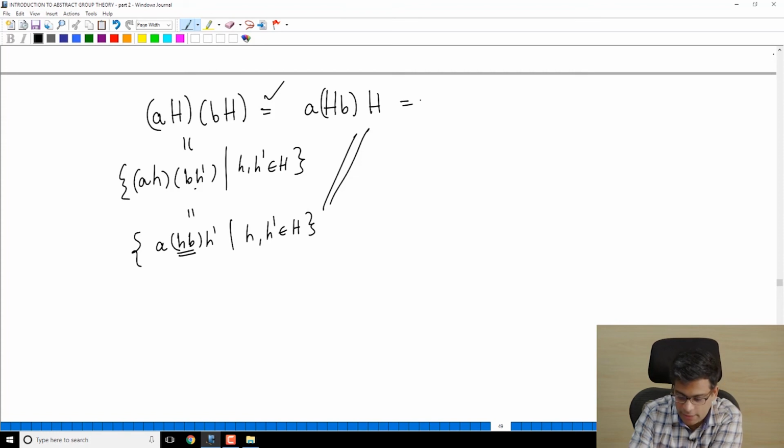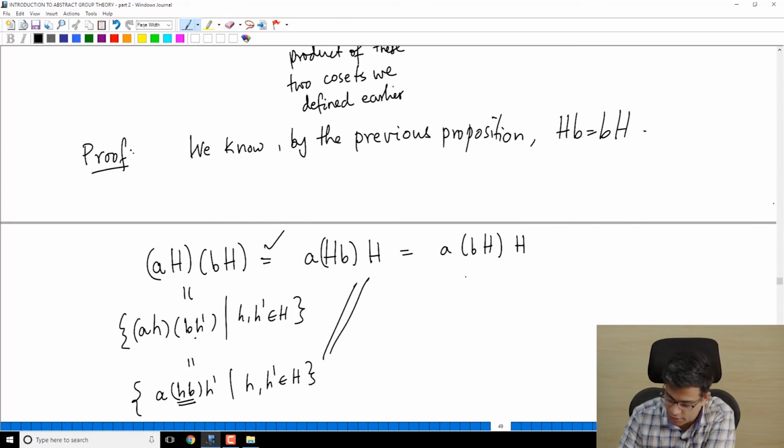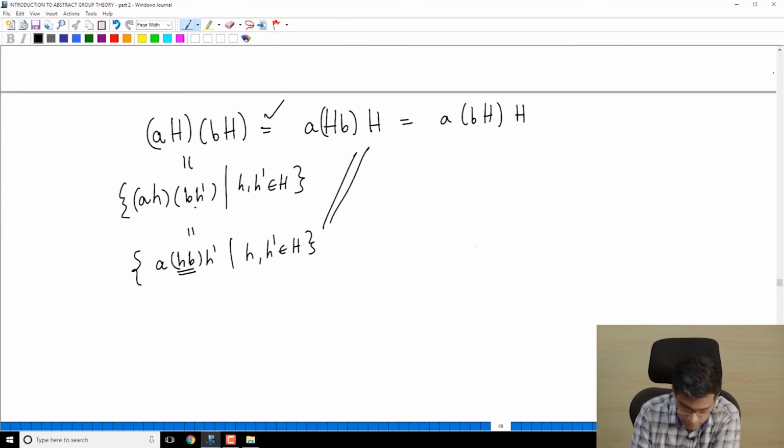But now by the same associativity, I can use the property that I said earlier: HB equals BH. So I can interchange. Remember, I cannot interchange b and small h, but hb equals some bh double prime. So that bh double prime will come here.